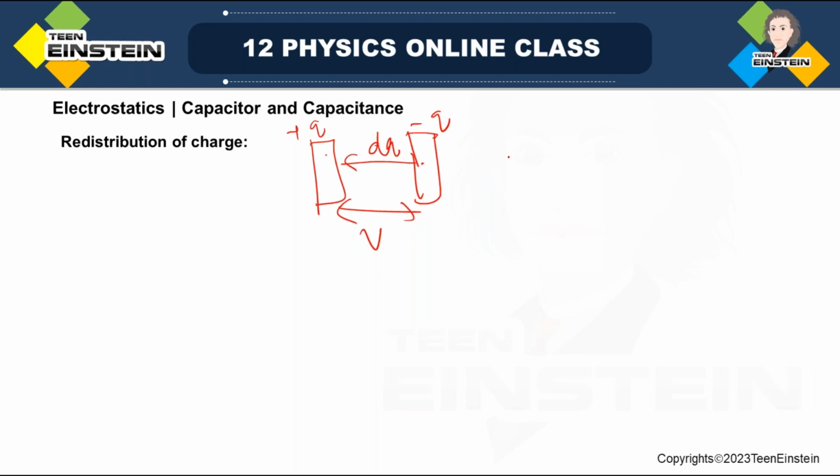So the work done will be V into dq. V is q by C, and this is dq. If you are charging it fully, then the limits are 0 to V0.